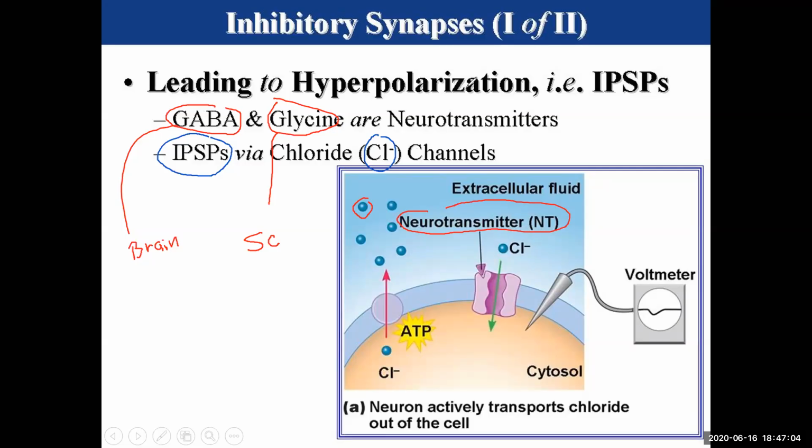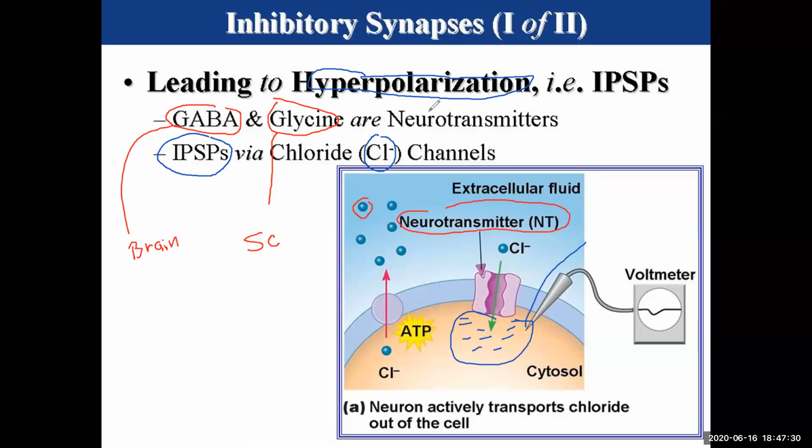And what happens is, when you have a net accumulation of negative charge, you're making the inner leaflet of the cell even more negative than before, right? So this is hyperpolarization. You are making the polarity greater than before.